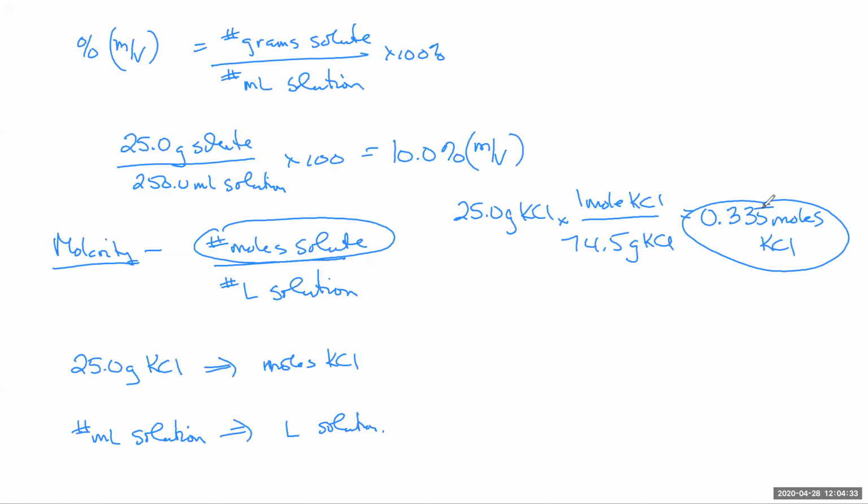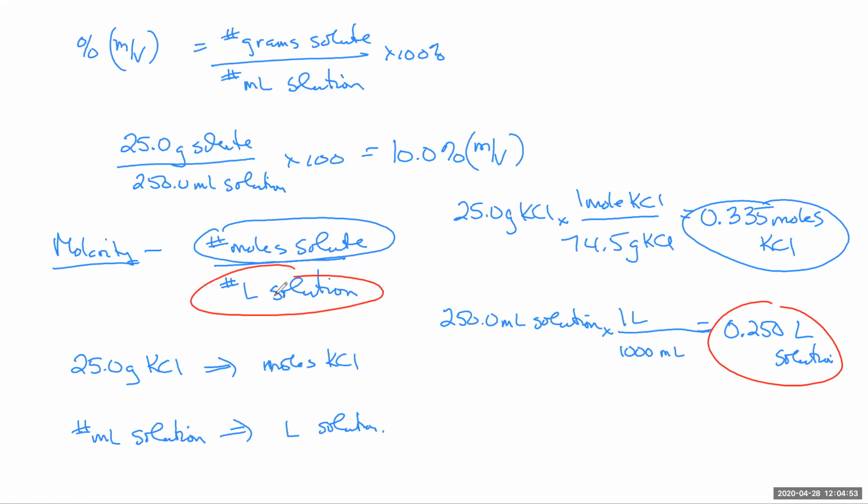Now I need to take 250 milliliters of solution and convert that to liters. And I know that 1 liter is 1,000 milliliters. And so this is going to be equal to 0.250 liters of solution. I need that for the bottom. So now I'm ready to calculate it out.